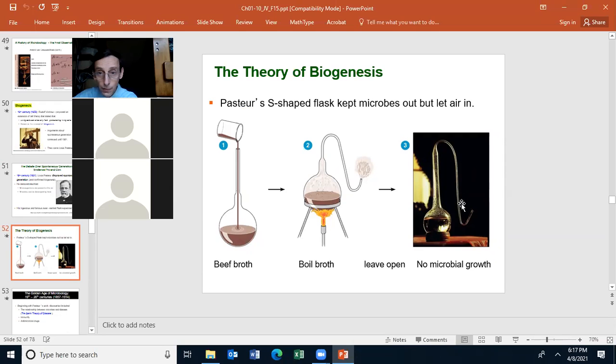Because of gravity, the microorganisms never went up here and then down. He could get the microorganisms to grow in the media if he flushed the media down here and then brought it back into the media. Anyway, the swan neck flask proved that the spontaneous generation of microorganisms did not occur, and therefore living organisms were arising by the theory of biogenesis.